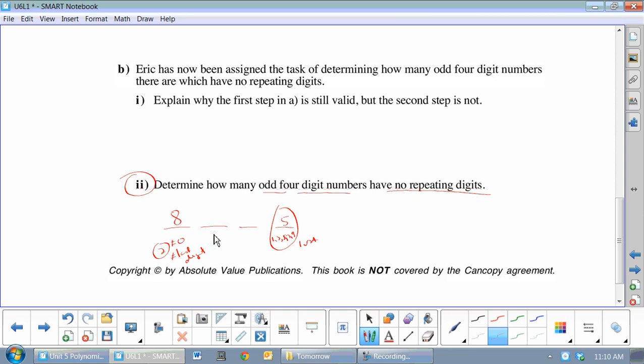So how many am I allowed? 8. I'm allowed 0 through 9 minus that first and last digit. See, 0 is allowed now. It didn't get to play in the first one, does now. How many for the next one? 7. So 8 times 8 times 7 times 5 is 2,240.